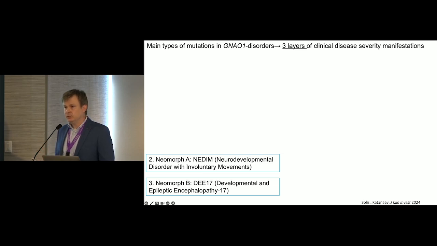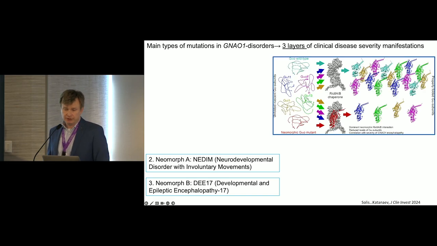The first layer, which leads to the least severe manifestations, are these loss of function, partial loss of function, and dominant negative mutants. The next layer is the neomorph A, which leads to much more severe early onset movement disorder dominated clinical manifestations. And the third layer, the most severe one, is the developmental and epileptic encephalopathy with the early onset of movement disorder and epilepsy.